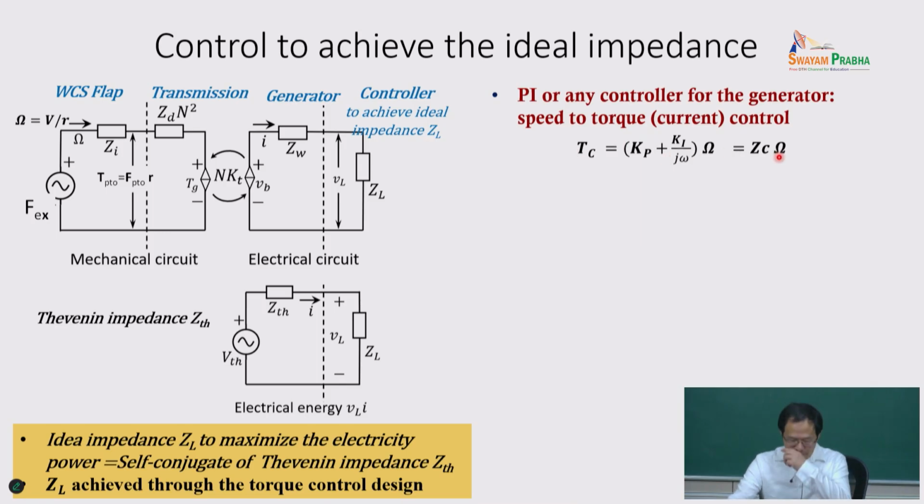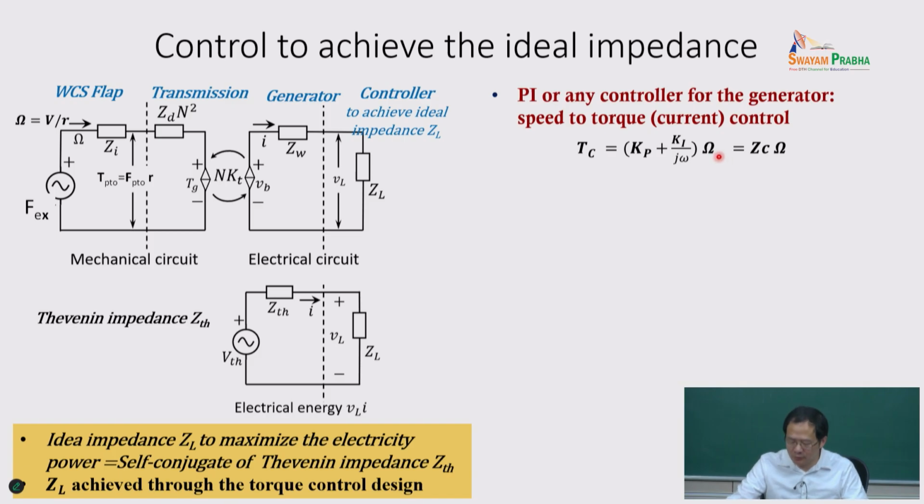You design the controller ZC, and here we take ZC as a PID controller. This is the P gain and the integration gain times velocity, right?